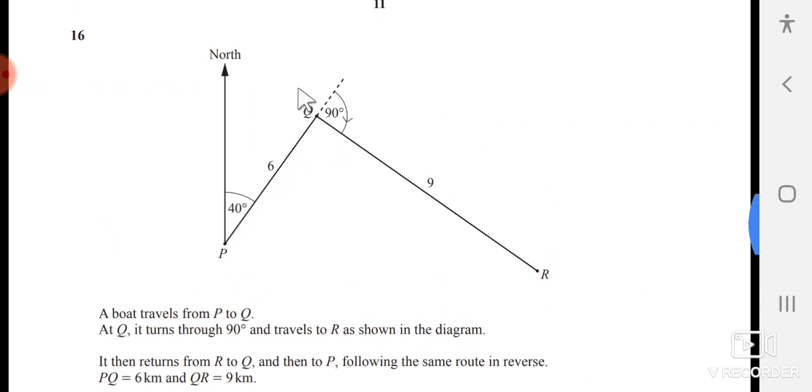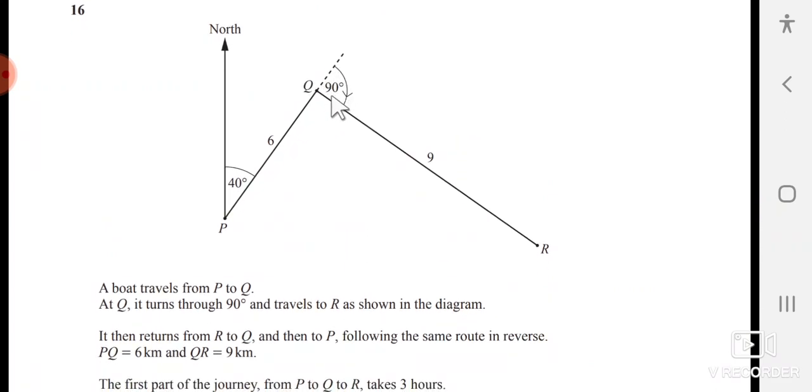Look, here there is a question. If there is 90 degrees, then there is also 90 degrees, and this way this is completely a right angle triangle, and this length PR can be calculated by Pythagoras theorem. 6 squared plus 9 squared, 36 plus 81, and then the square root of that would be this PR length.